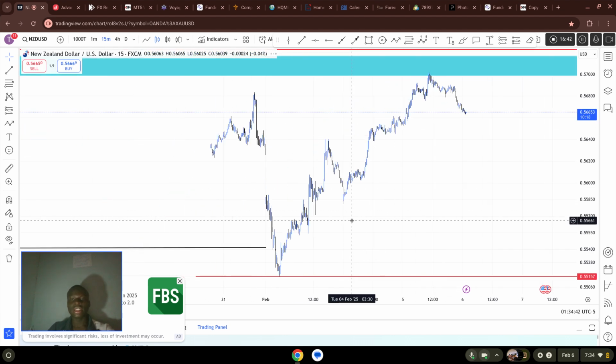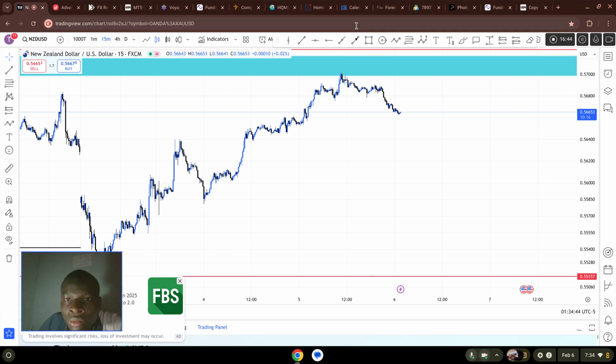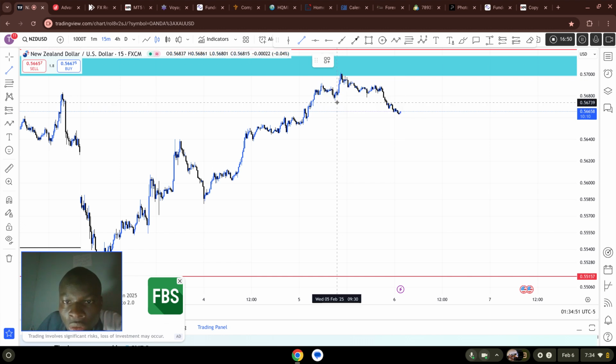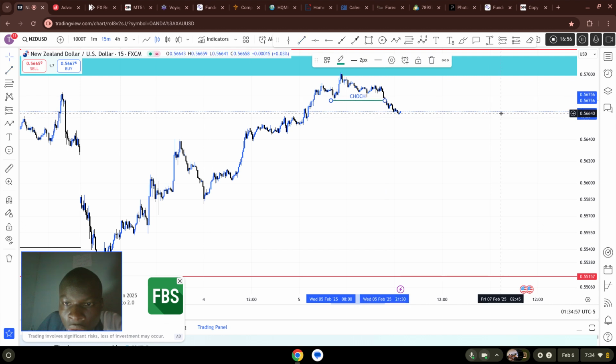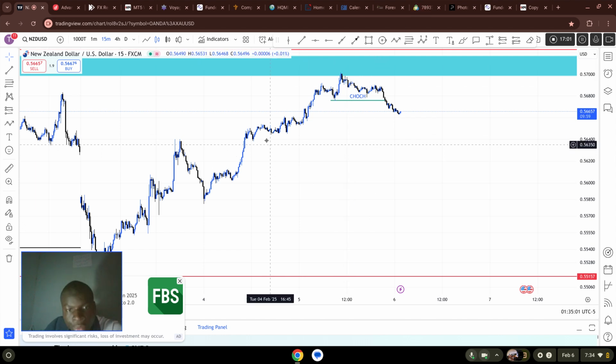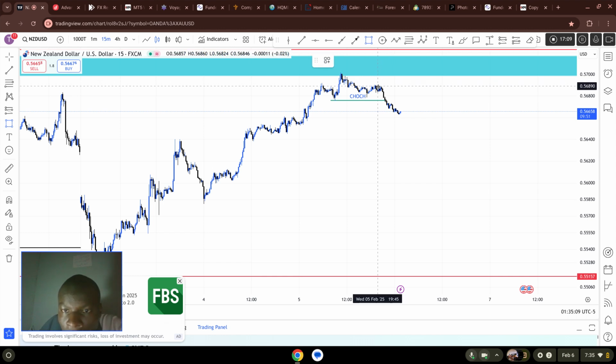Because the NZD, the same thing happened. You see, we had our change of character. So expect the market to pull back. I'm going to break structure out of this point here. So expect the market to pull back.